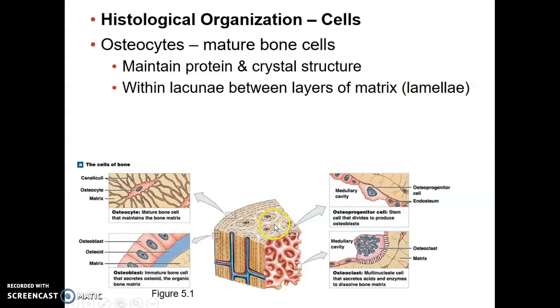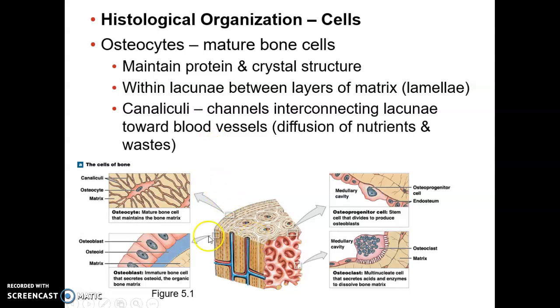So those tree ring-like structures that we see here, these circular arrangements of hard bone matrix, are circular concentric lamellae. On the outer edge of bone, the lamellae are more like a sheet as opposed to a circular columnar structure, and that's referred to as circumferential lamellae, as we'll see.